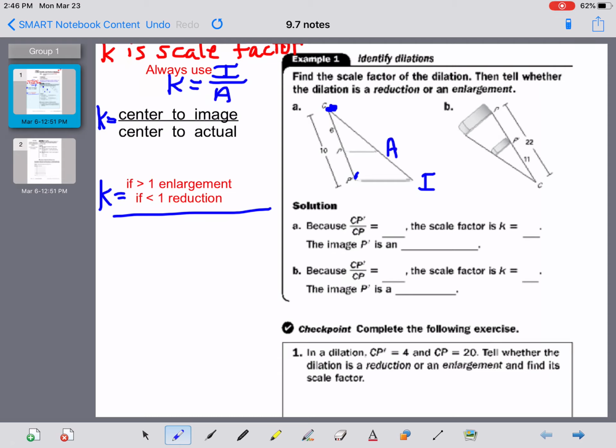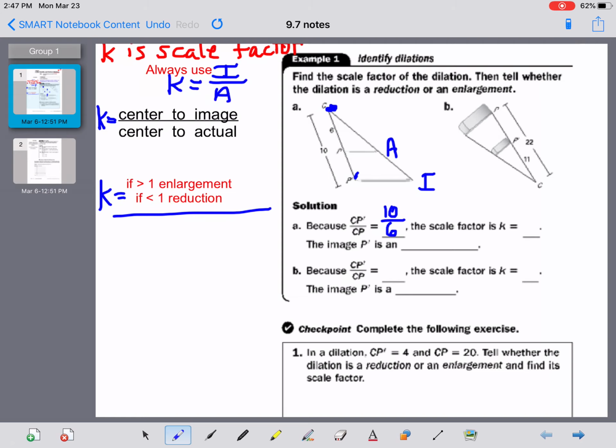You'll notice I don't have a length on my image, I don't have a length on my actual, so I can't use an image length over an actual length, but I do have the length from my center of dilation to my image, and that's that length of 10 over there on the left. I do have a distance from my center of dilation to my actual point, and that has a length of 6. Like all scale factors or fractions, we like to reduce them to lowest terms.